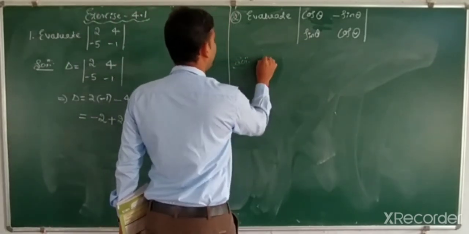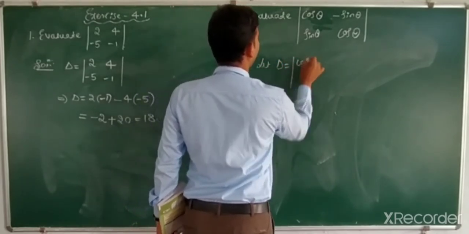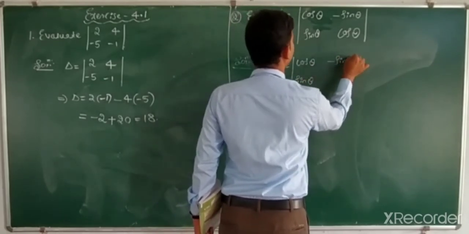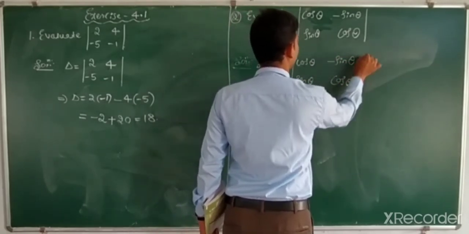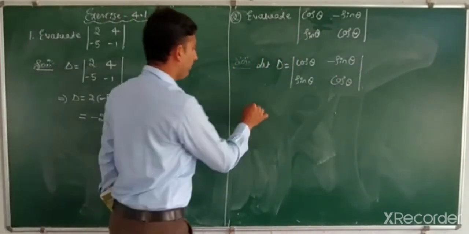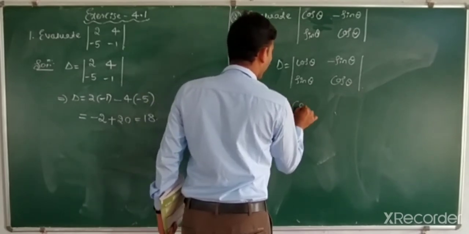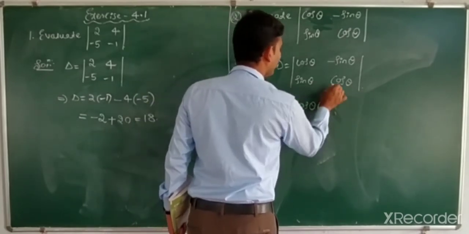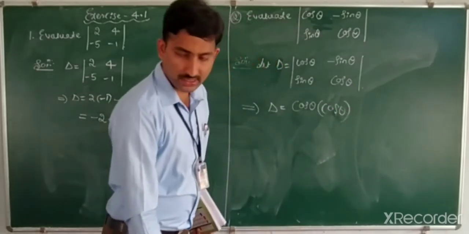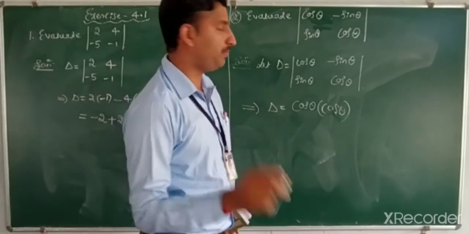Solution. Let delta equal |cos theta, -sin theta; sin theta, cos theta|. Then delta is equal to cos theta into cos theta. What is the principle? The determinant of a matrix of order 2 is AD minus BC.